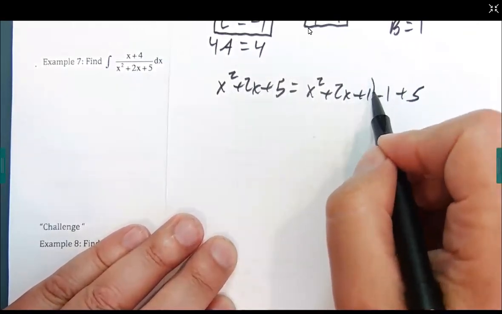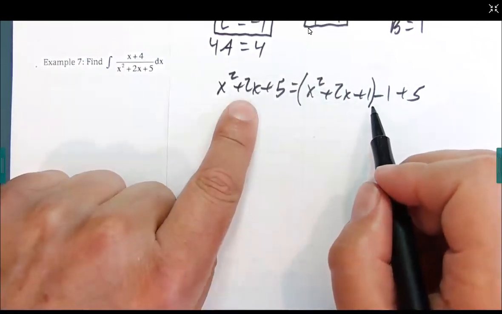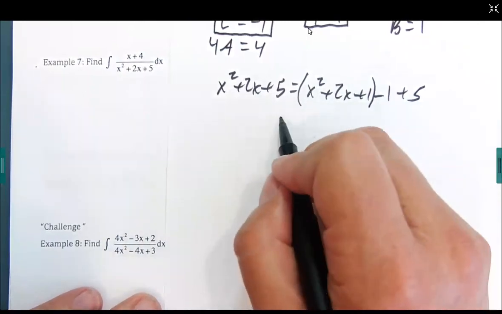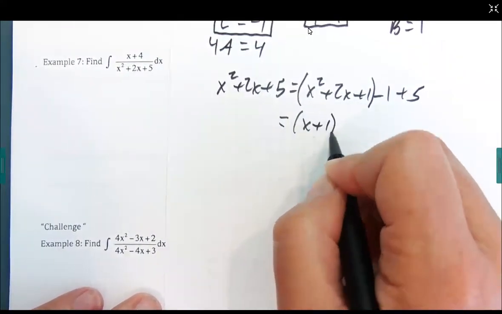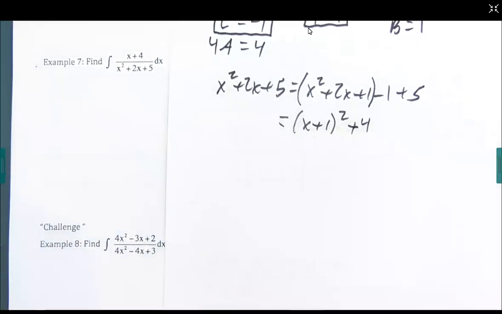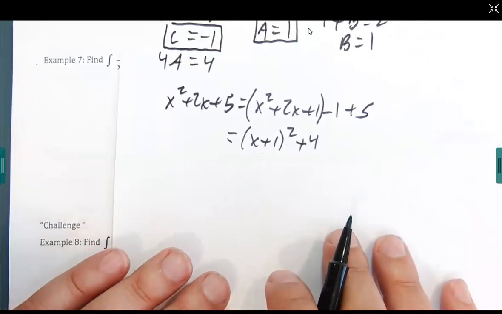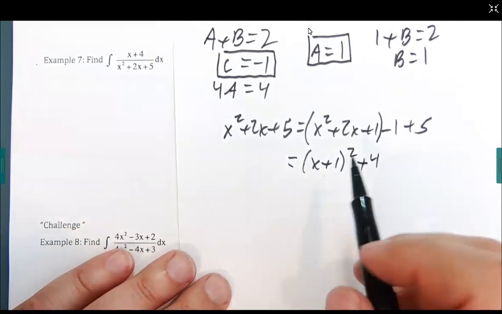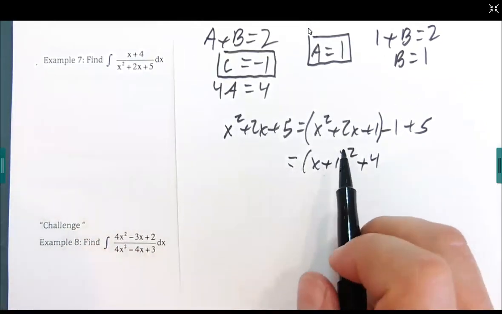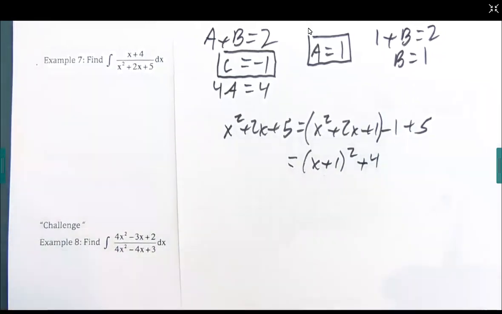And that is a perfect square. If you're wondering where I got the 1 from, I took the 2, cut it in half, and squared it. That gives me a 1. And also, I can let u be the x plus 1.